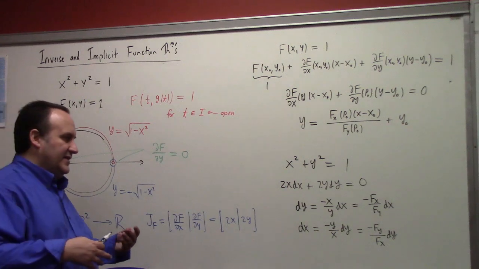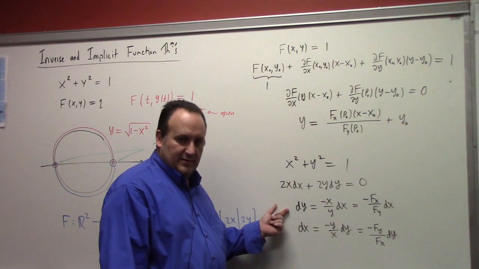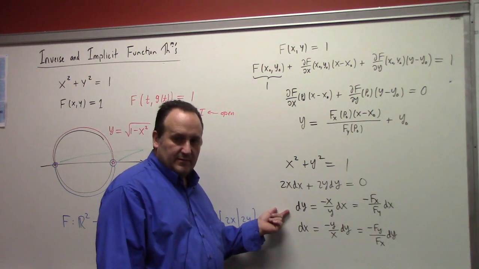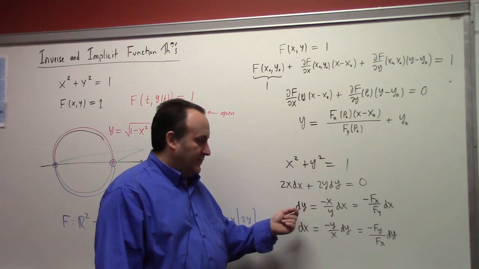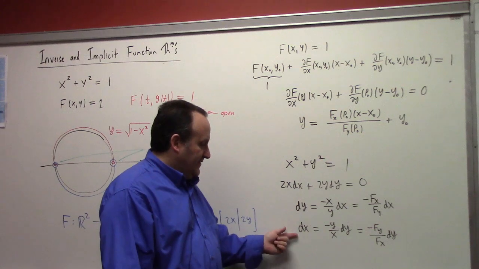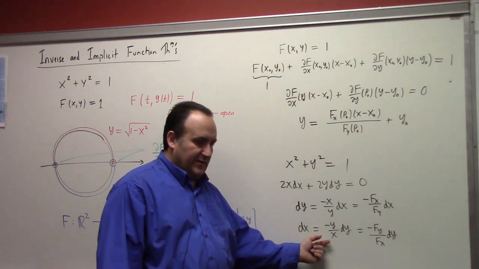But the other interesting thing here is that if I want to solve for y, this formula shows me where I have to avoid. I have to avoid y equal to 0 if I want y to be a good dependent variable on x. And this right here says if I want to solve for x as a dependent variable of y, I need to avoid where x is equal to 0.